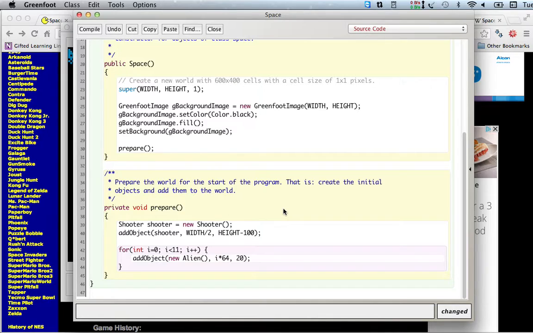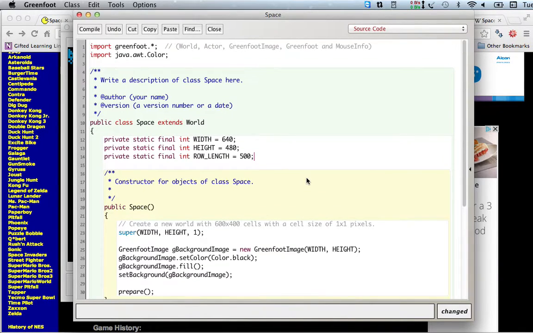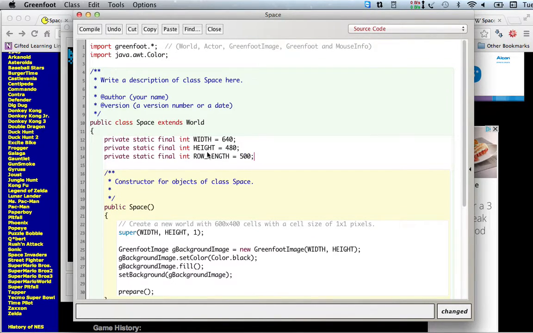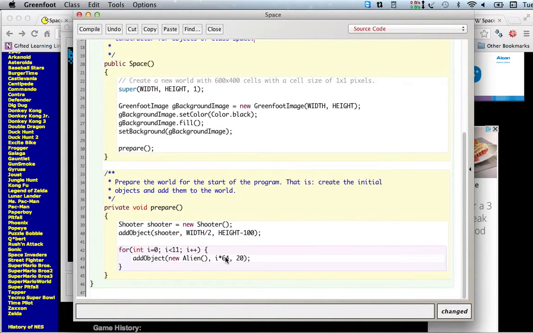So this 64, the way we got 64, we knew there were 10 spaces altogether for the 11 aliens. So we just divided 640 by 10, and that gave us how much to change the spacing each time. So if we want a row length of 500, or whatever our row length is, we can just take that row length and divide it by 10, right?